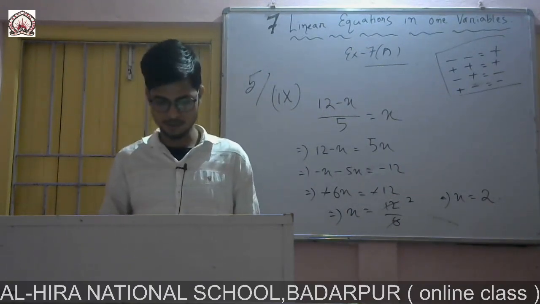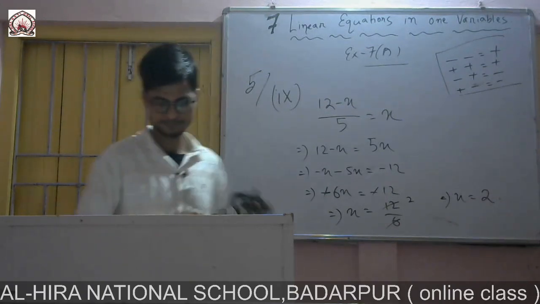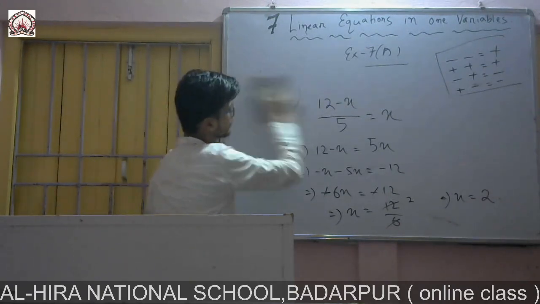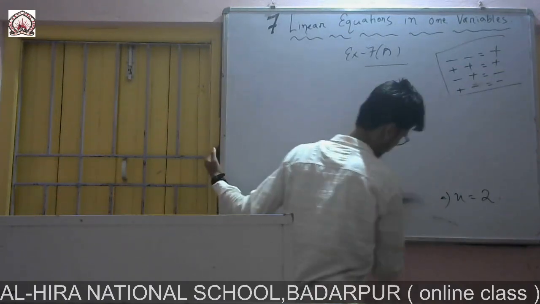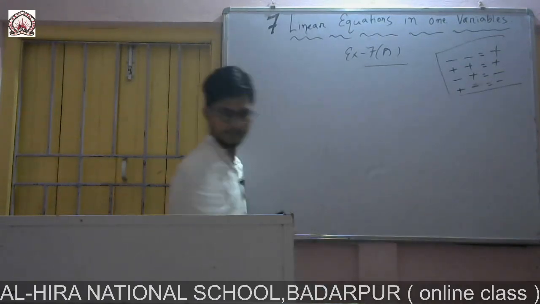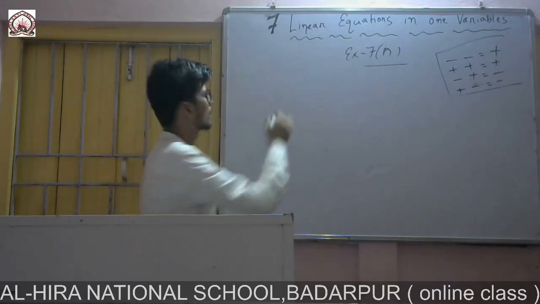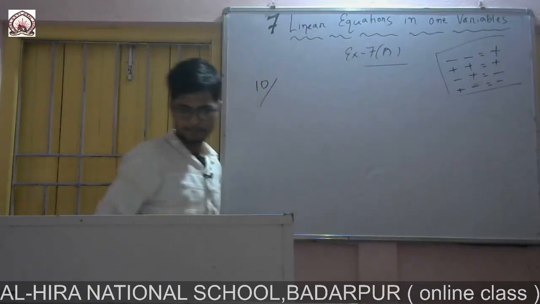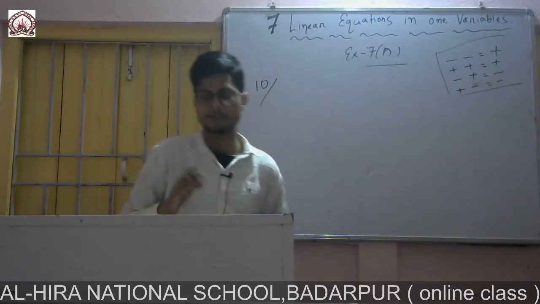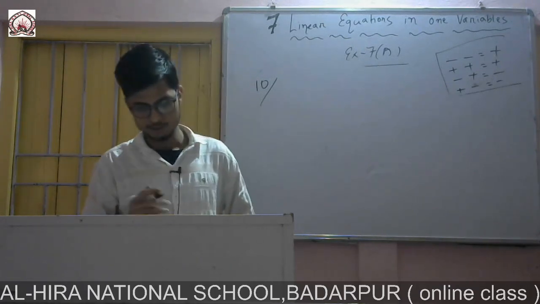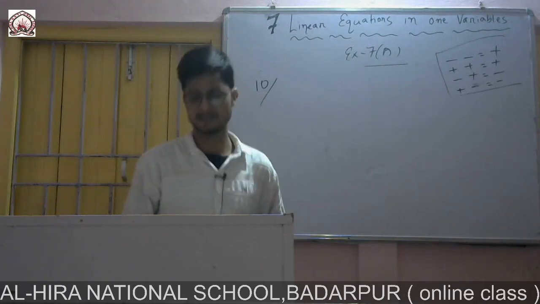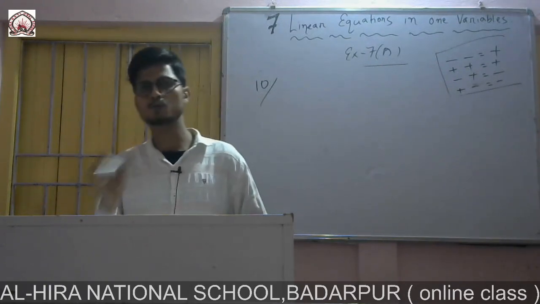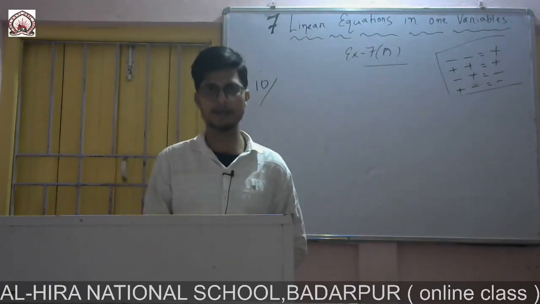Okay, now you see question number 10, high order thinking. Question number 10 you see. Question is, if 5m minus 2 by 2 equals to minus 11, find the value of twice m plus 3. So to find the value of twice m plus 3, first of all I have to find the value of m.